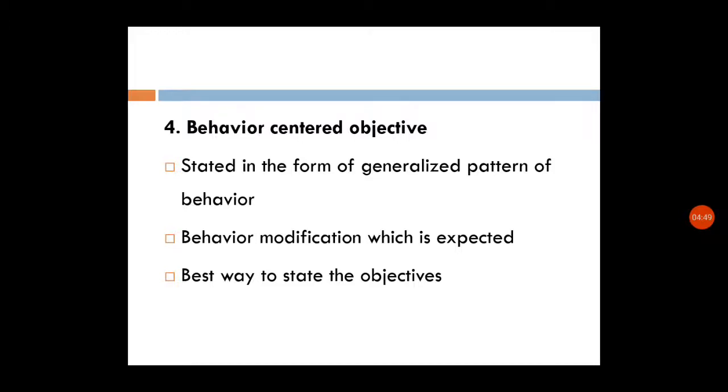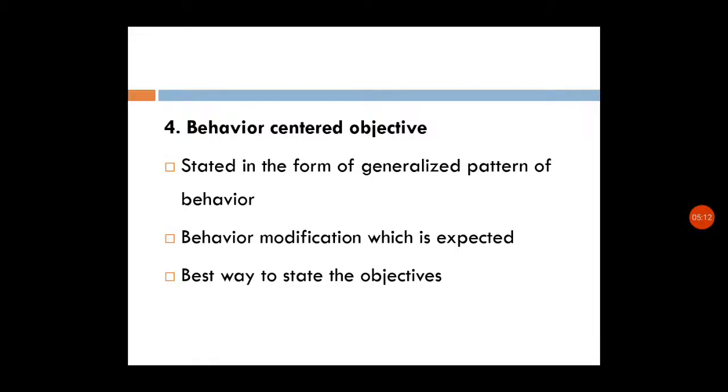Because in the taxonomy of educational objective, the importance is given to the behavior of the student. Okay, so modification of the behavior, these terms we were repeatedly telling. And now the fourth type, here we are giving importance to the behavior of the student.